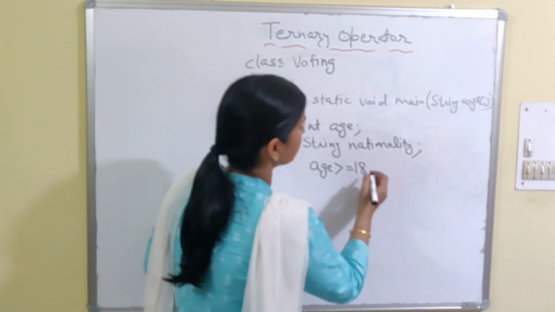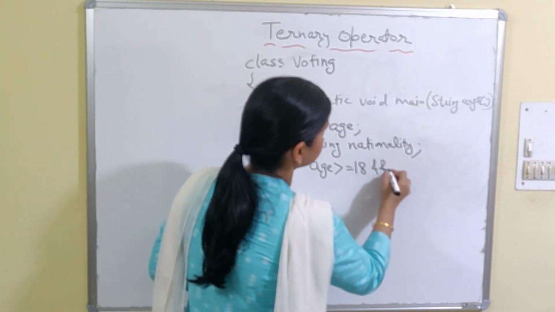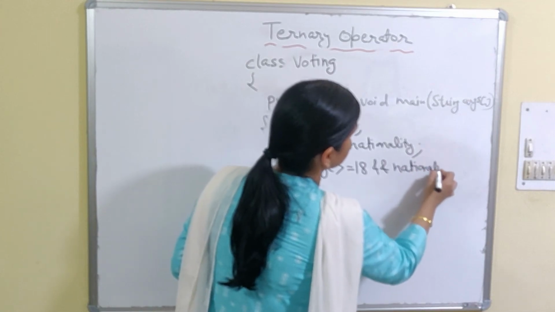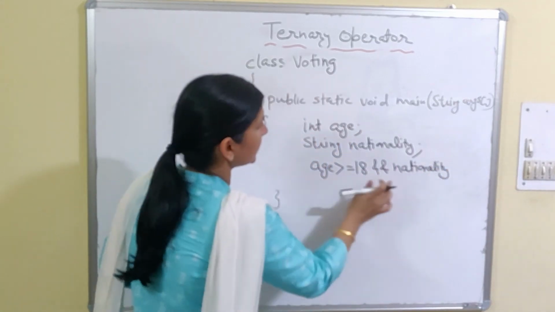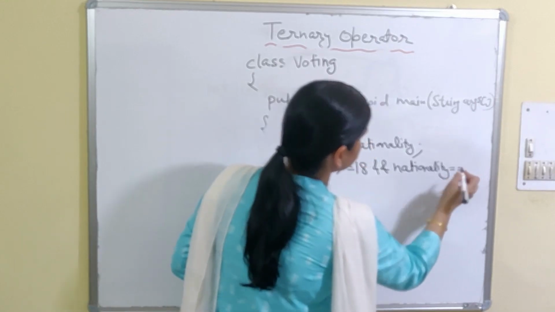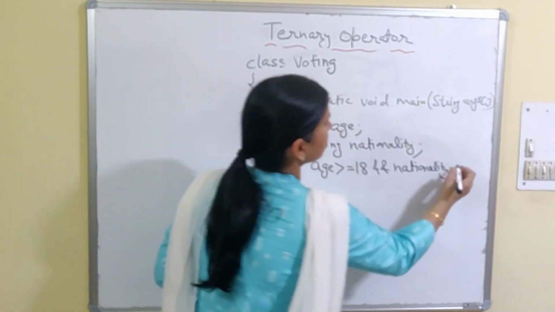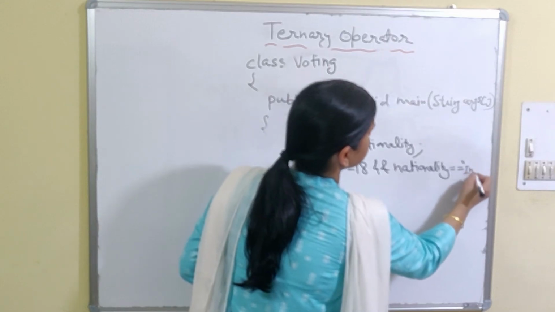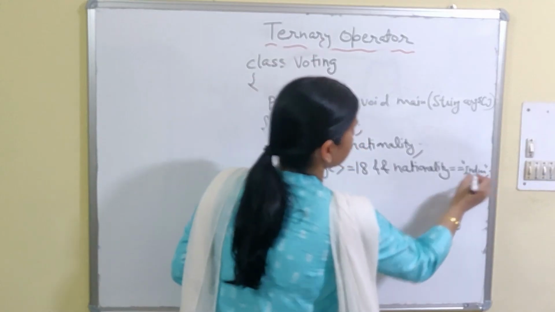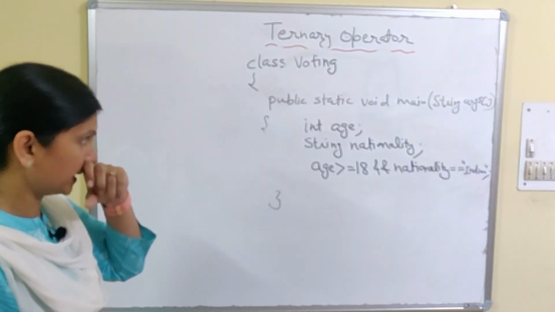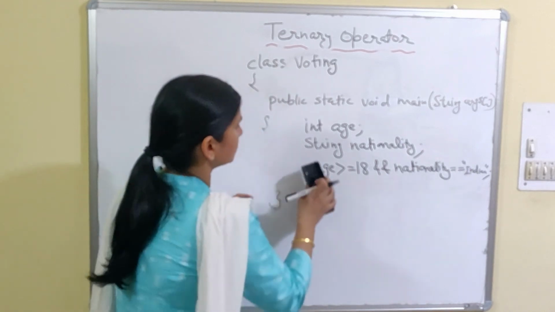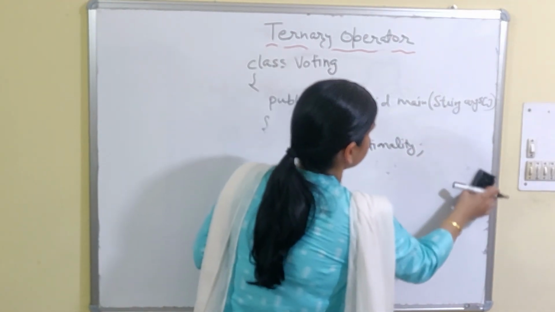So age is greater than or equal to 18 and nationality. These are the variable names, age and nationality, equals, double equal. Fine. Indian, inverted comma close and semicolon. Fine. I'm sorry, space is not there.